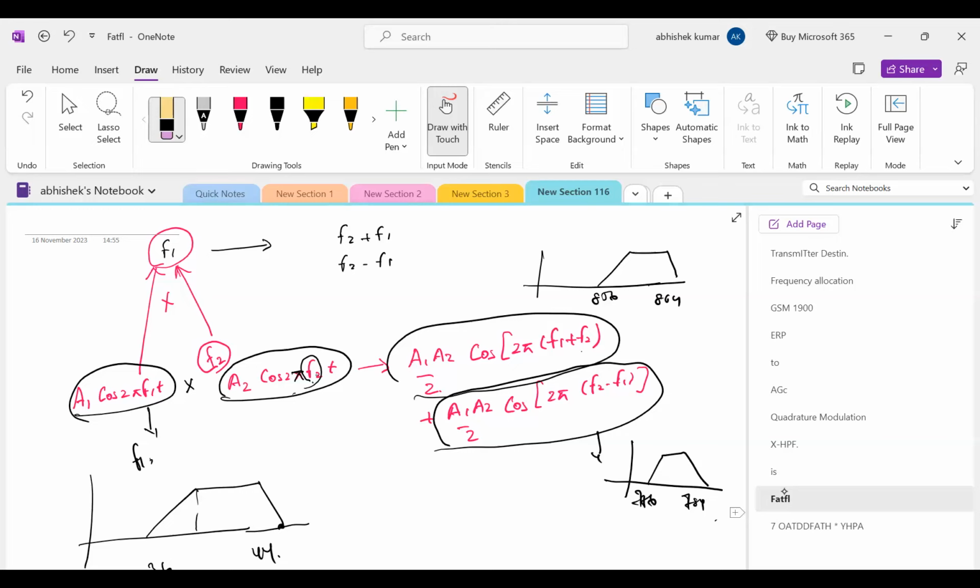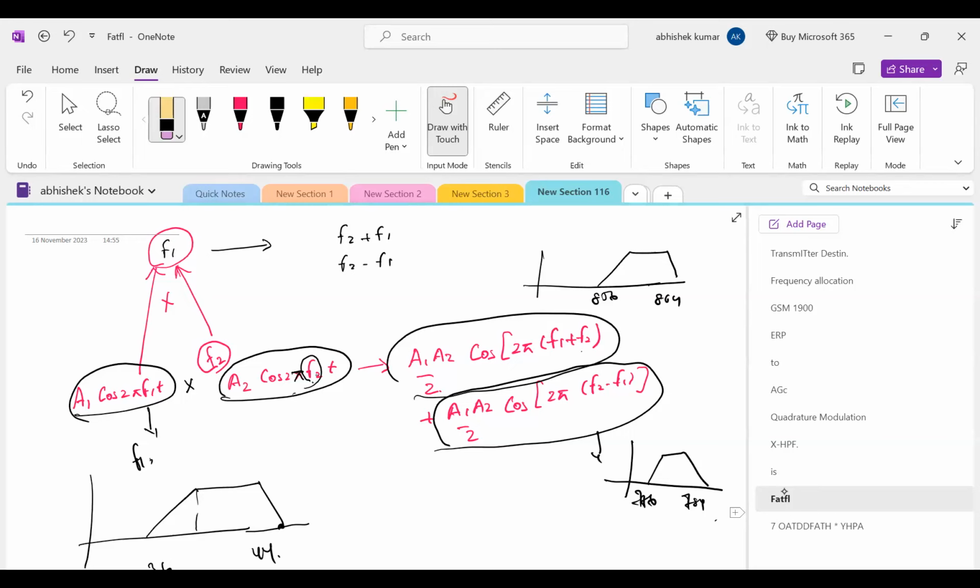Now can you observe page number 16? Can you tell me what is the gain of this amplifier, of this curve?